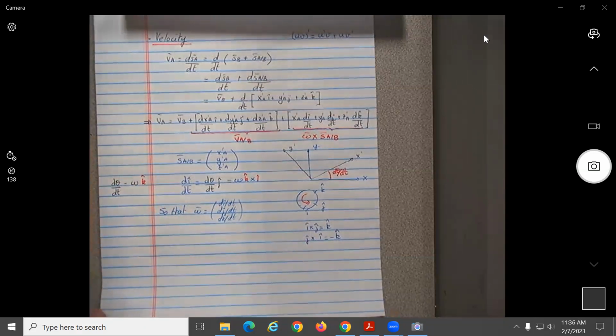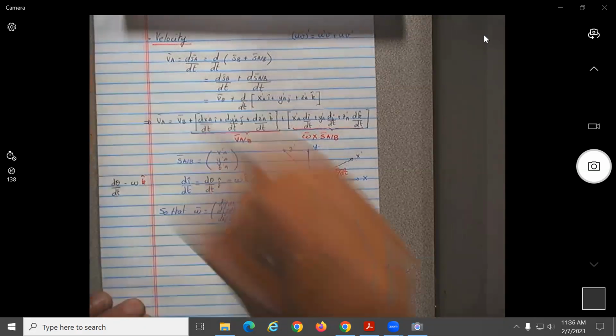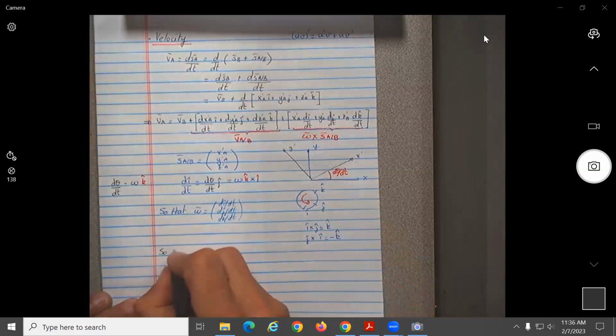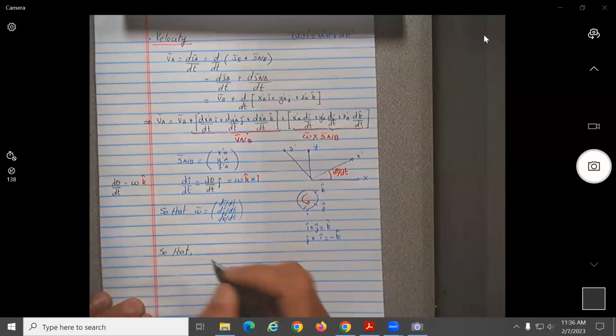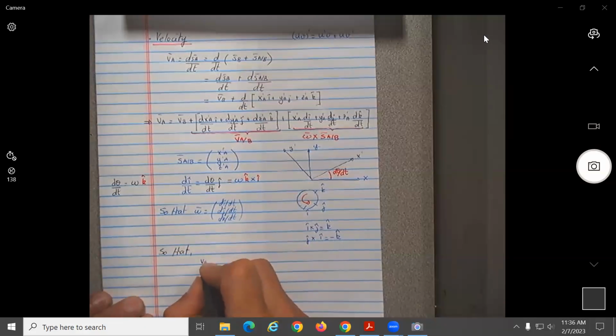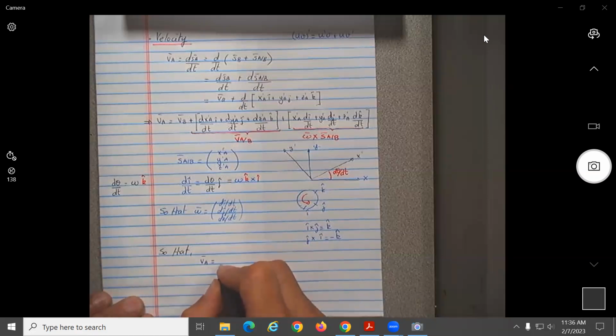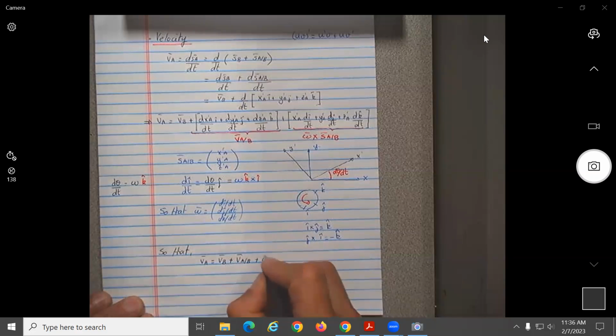Okay. So at the end, and this is what you need to understand, we're going to have VA is equal to VB plus velocity of A with respect to B plus omega cross S of A with respect to B.